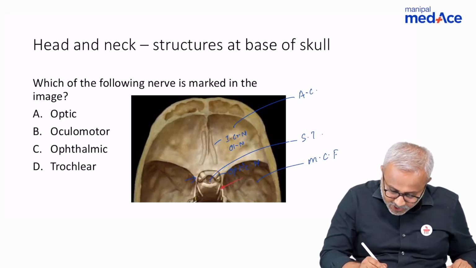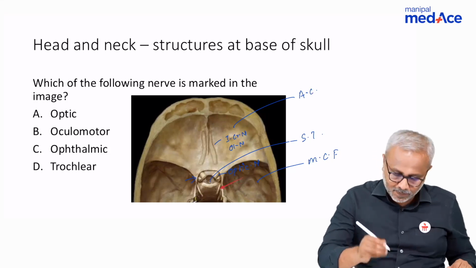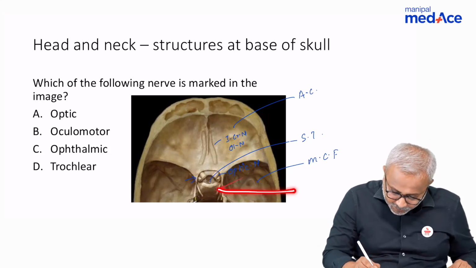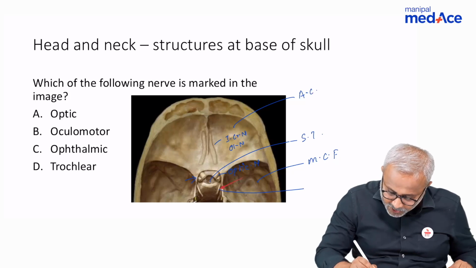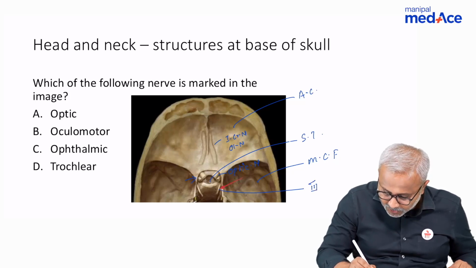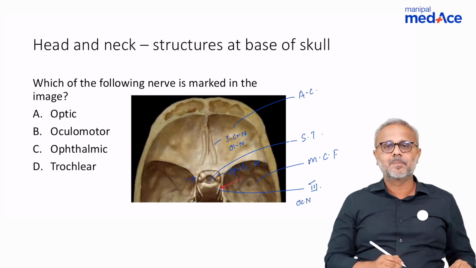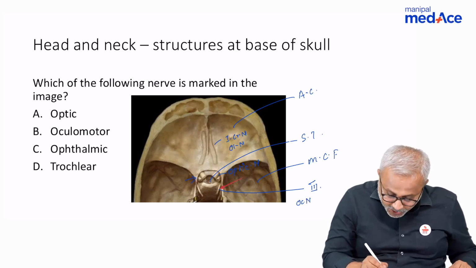Then there is one thick nerve, right? Now this is the nerve that was pointed. So what could be this important nerve? So remember, this is your third cranial nerve or oculomotor nerve, right? Then you can identify a slender nerve here.